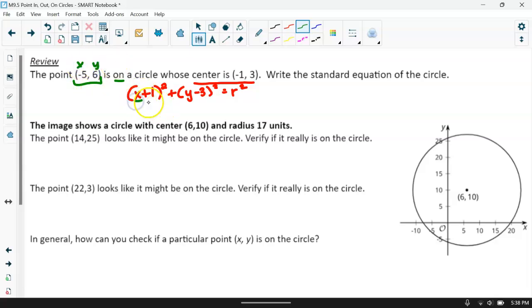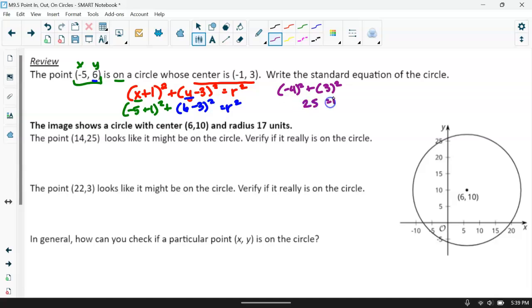So we're going to substitute -5 for x because that's my x coordinate, and then substitute y with our y coordinate, which in this case is 6. 6 - 3 squared. Then we'll simplify to get what r² is equal to. So here we get (-4)² + 3², which gives us 25.